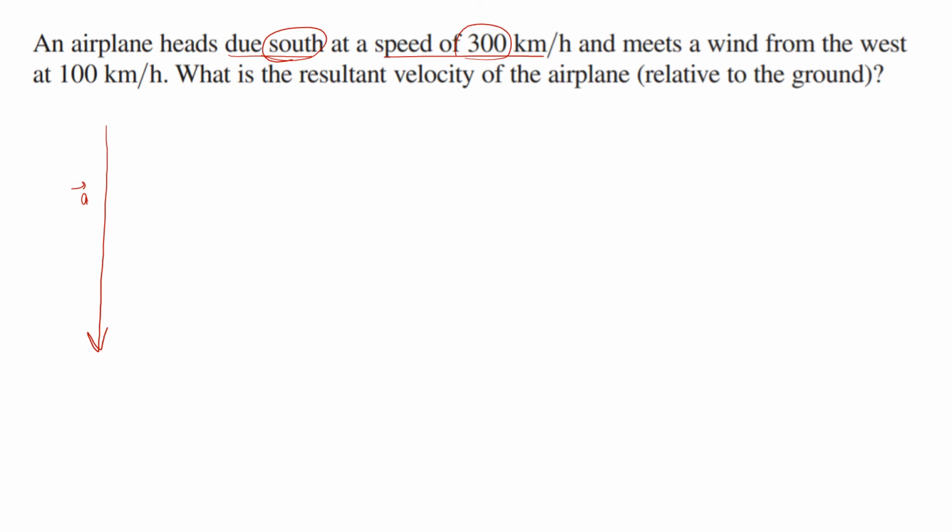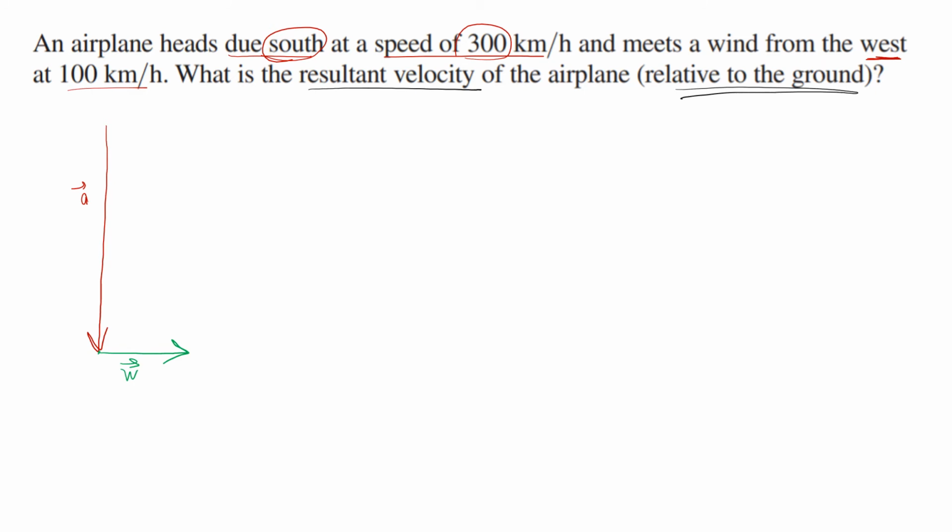And it meets a wind from the west, so coming from the west, at 100 kilometers per hour. So I can represent it by just putting it on there, and this will be my wind of 100 kilometers per hour, so I'll just call it W. And it wants us to find the resultant velocity of the airplane relative to the ground. Now, when I'm drawing, I purposely added wind on top of A as a vector addition.